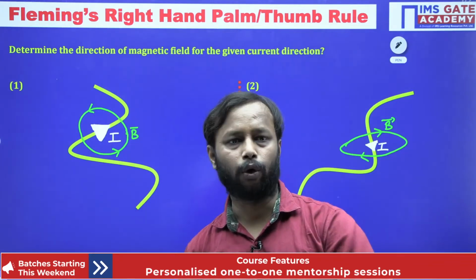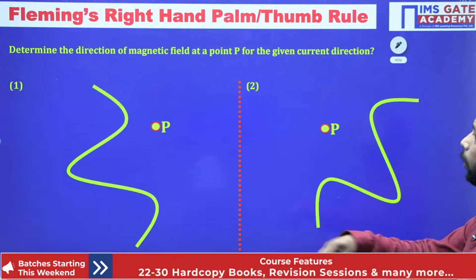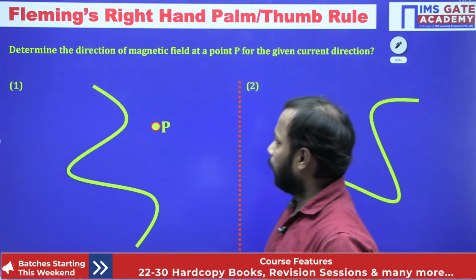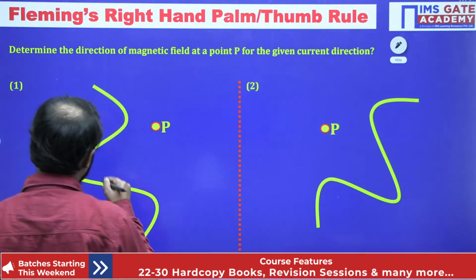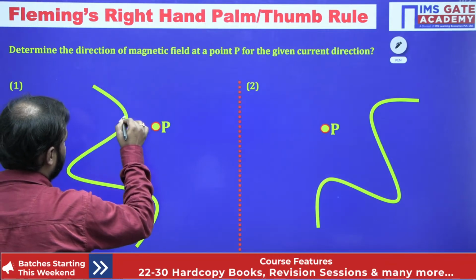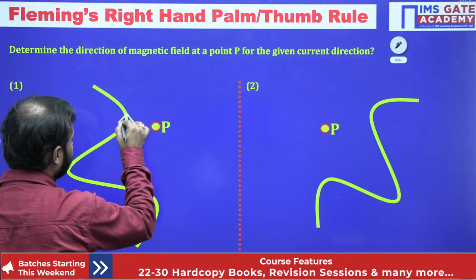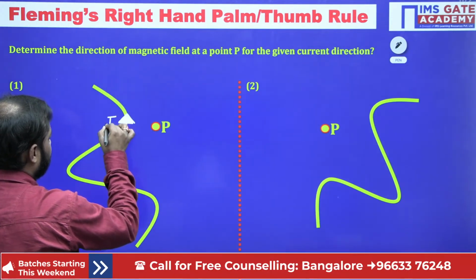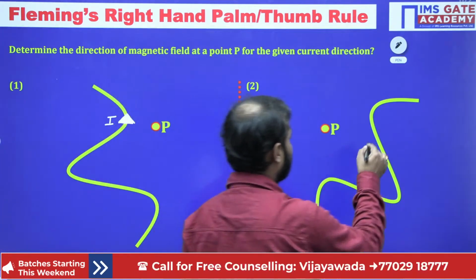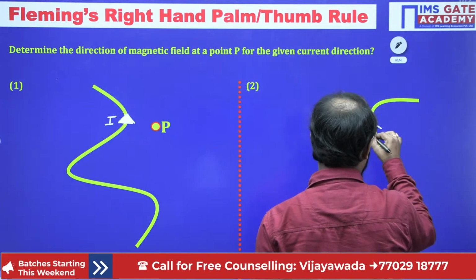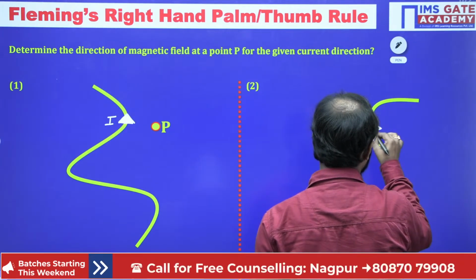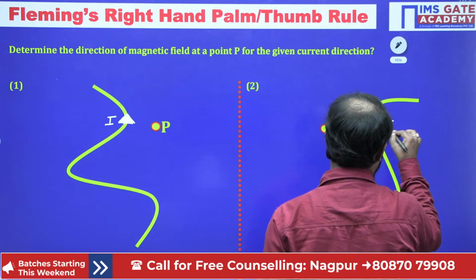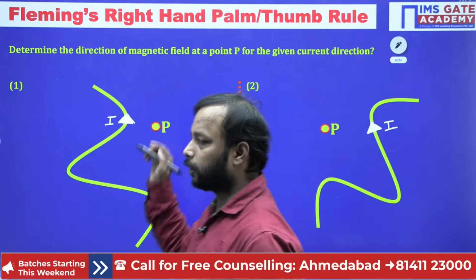This is one note point. Let us move to the next part. Here, let us take the current in this direction. What is P? I will let you know, but as of now, let me make the question complete. Let us say this is the current direction, and here let us take the current in the same direction, I. Now, what is this P?